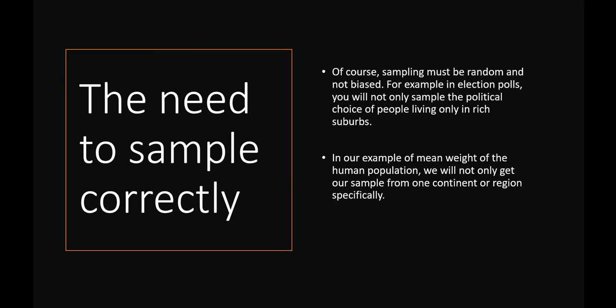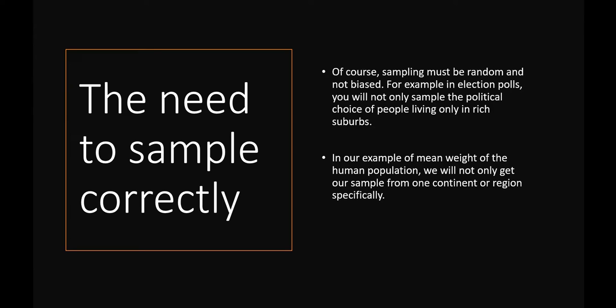We don't know. Some of them are honest, some of them are not honest. For example, in election polls, you will not only sample the political choice of people living only in rich suburbs, or only the political choice of people living in very poor areas. You will have to make it as random as possible.